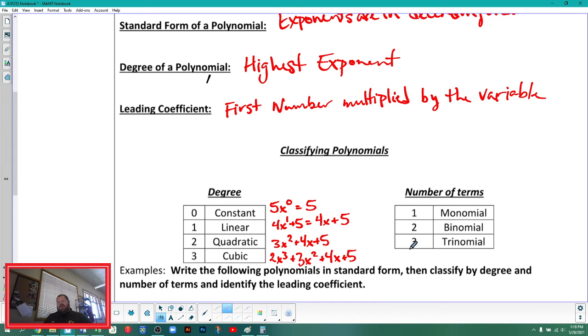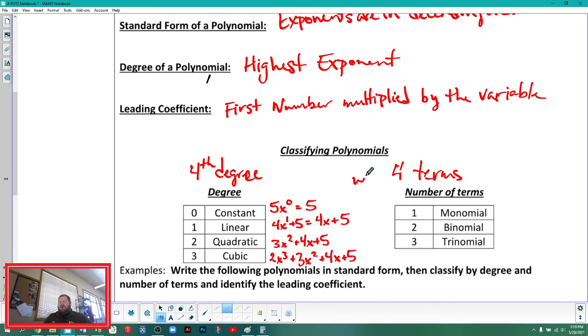If we get anything on either one of these with 4 or more, we can say a 4th degree. I got to spell degree right. We can say 4th degree, 5th degree, 10th degree. There are names for a lot of those, but I don't want to memorize a whole bunch. But we would call it a 4th degree polynomial. Say it had 4 terms, we would say that it has 4 terms.